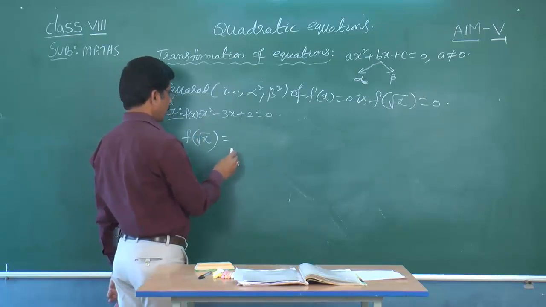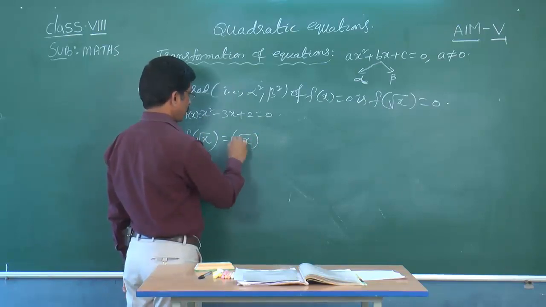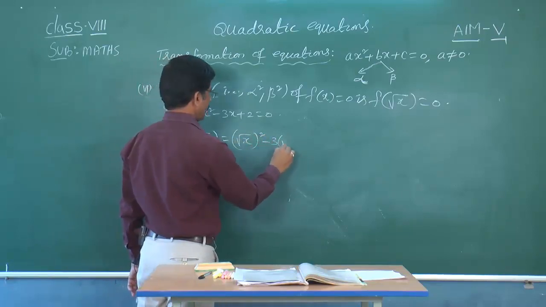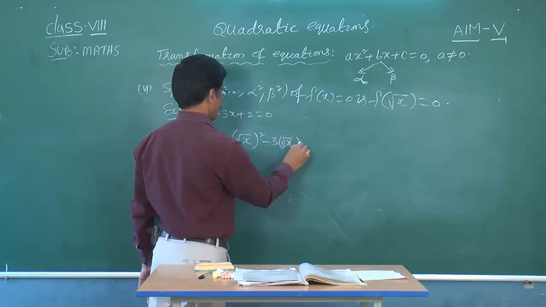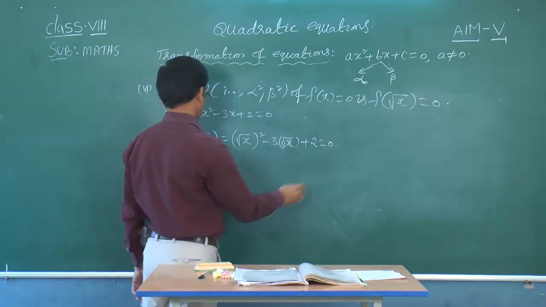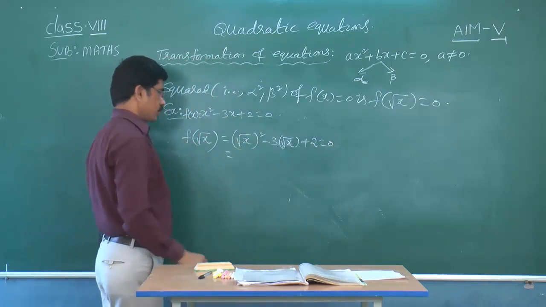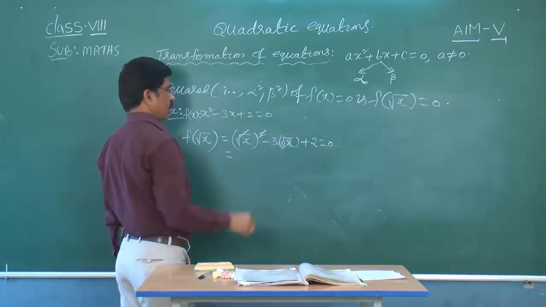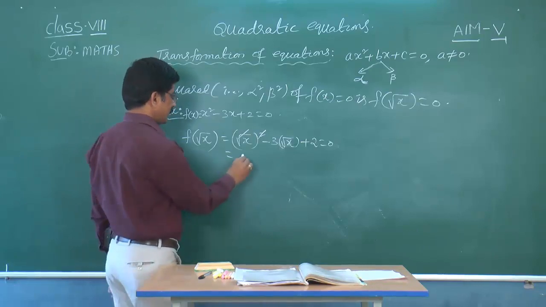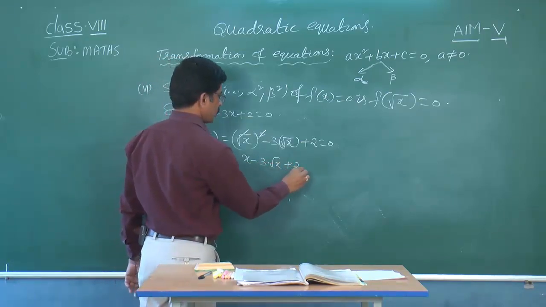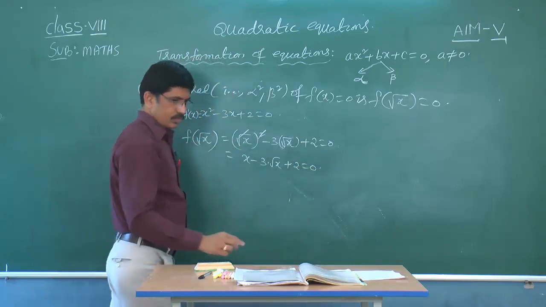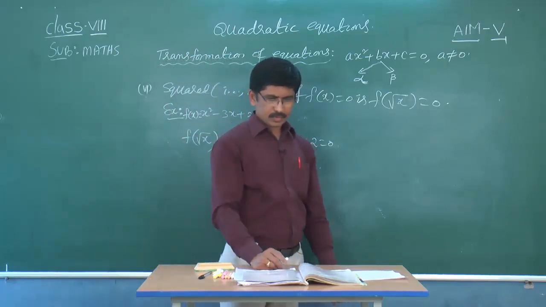Substituting in place of x as root x whole square, minus 3 into root of x, plus 2 is equal to 0. That equals, the square and the root cancel, x minus 3 into root of x plus 2 is equal to 0.